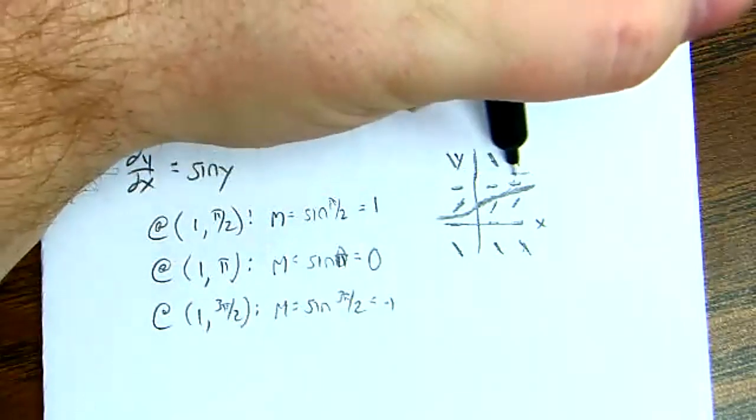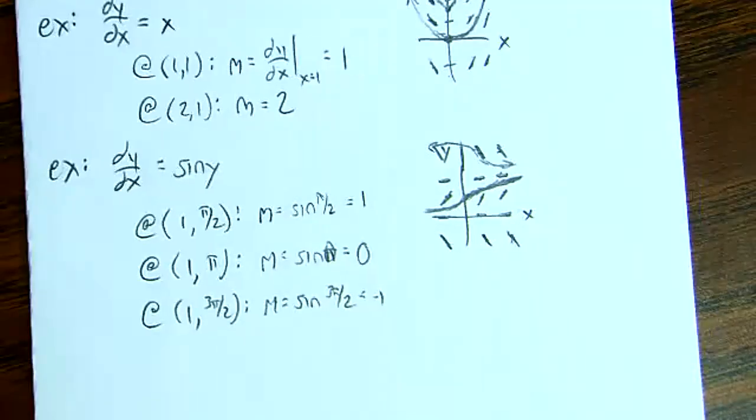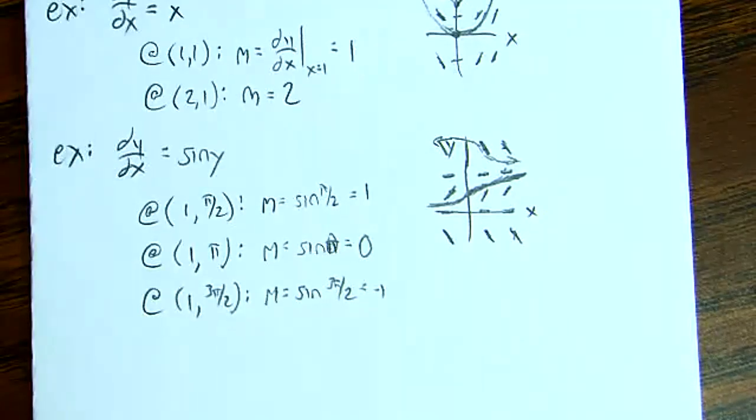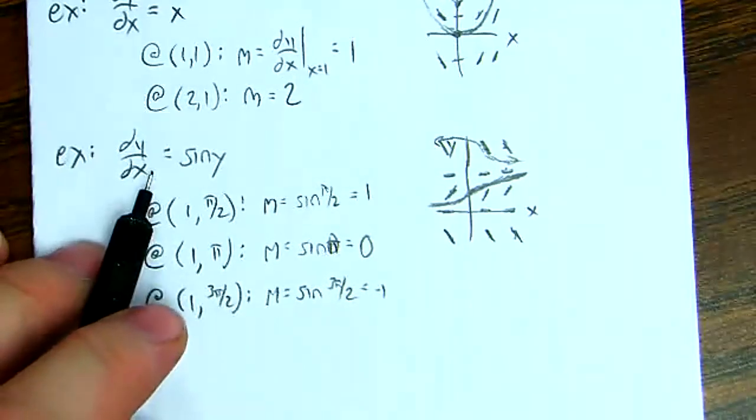And if you start up here, your solution might look like that. So again, the whole point here is we can get an idea about the shape of the solution to the differential equation, which follows the described behavior.